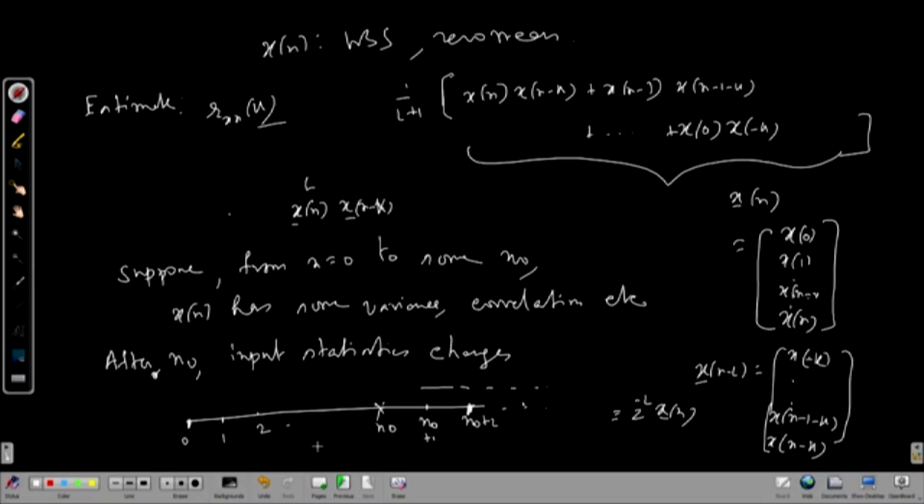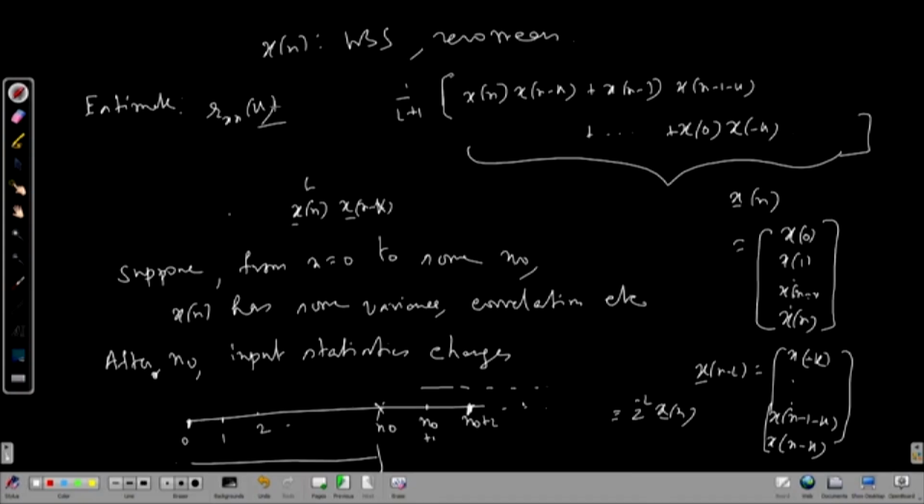Similarly, more generally speaking, suppose you are finding the correlation with gap k. So x(0) x(-k), x(1) x(-k+1), and so on up to x(n0) x(n0-k), that is fine. But the moment you are crossing to n naught plus 1 and n naught plus 1 minus k and so on, you are taking data from this part, but here the correlation has changed, so you are mixing up two domains. On this side, R_x(k) had some value.